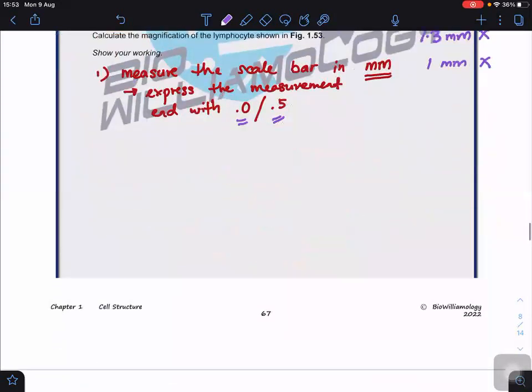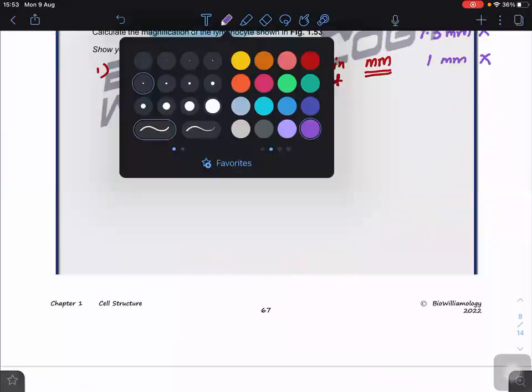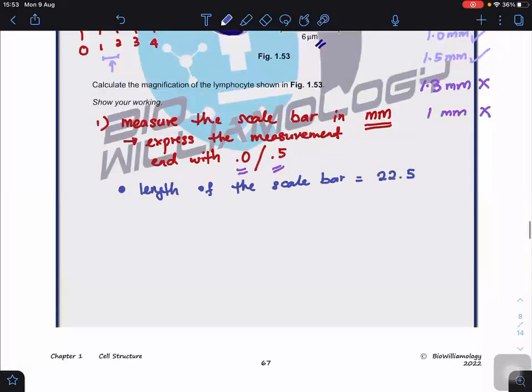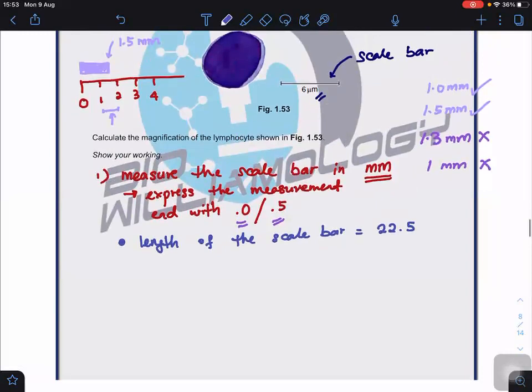So I write down my answer: length of the scale bar equals 22.5 millimeter.